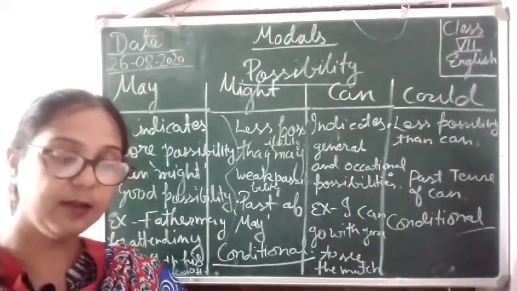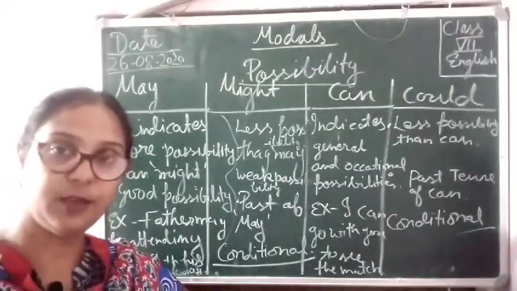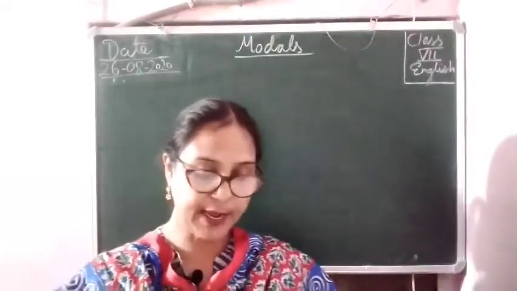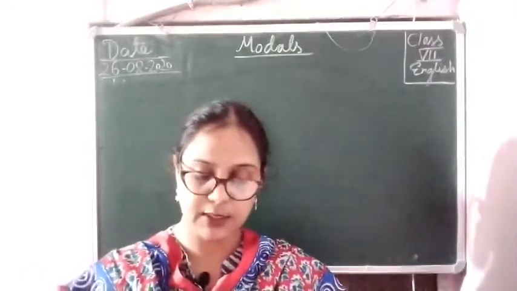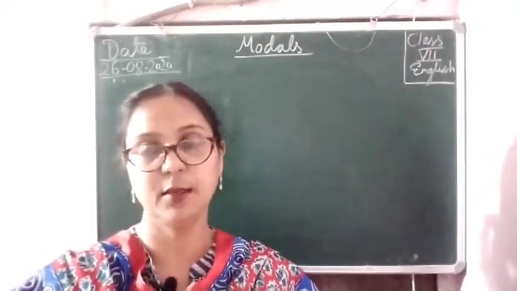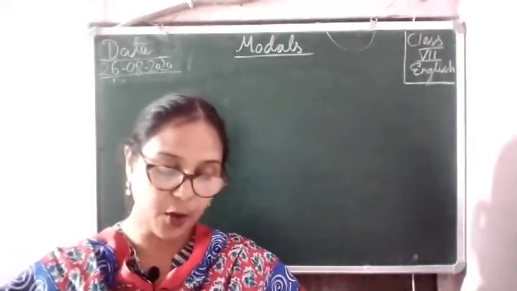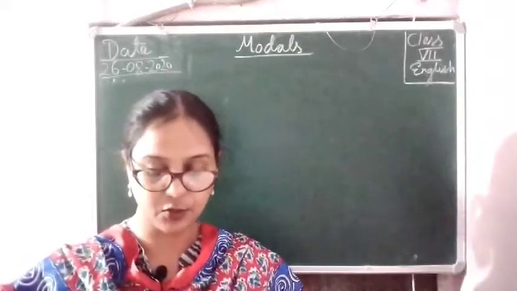So let's start exercise D. Fill in the blanks with may, might, can or could according to the suggestion in the brackets. Where it is required, we can fill it. One: He thought that she dash be at the office in the afternoon.